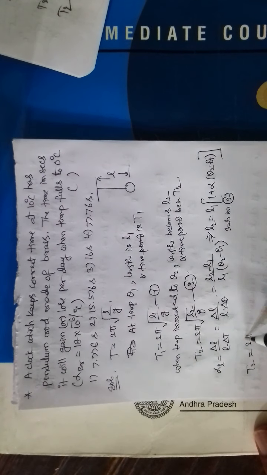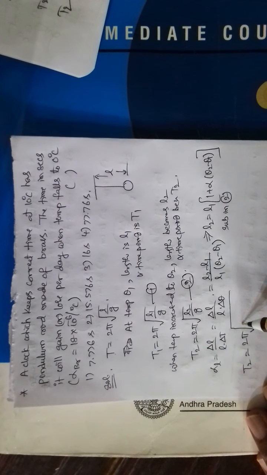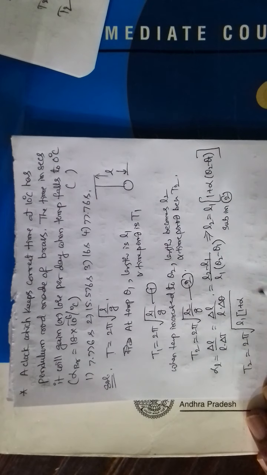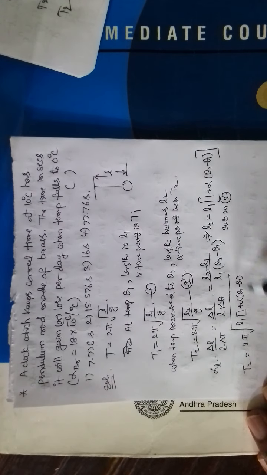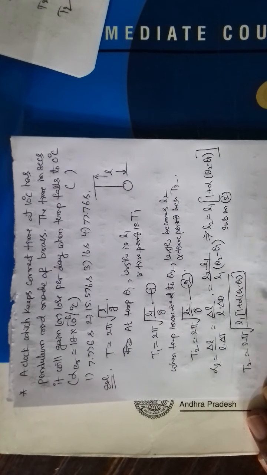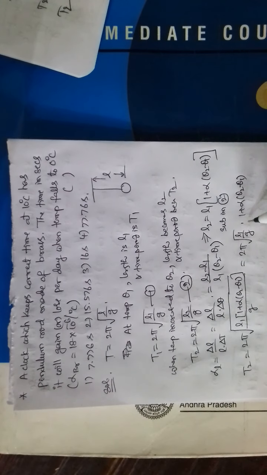T2 is equal to 2 pi root. Let us bring these outside: 2 pi root L1 by G, into root of 1 plus alpha into theta 2 minus theta 1.